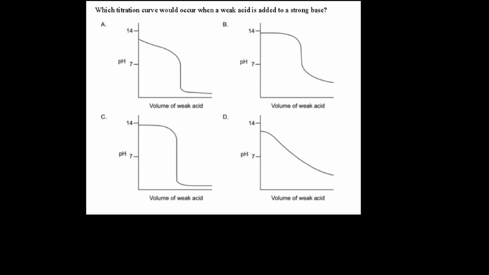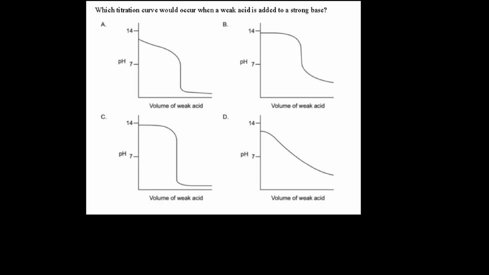So the question is, which titration curve would occur when a weak acid is added to a strong base? So it means that the strong base is our analyte and the weak acid is the titrant. So we will take the weak acid in the burette and the strong base in the conical flask. Because we have a strong base, our pH will start from close to 14.